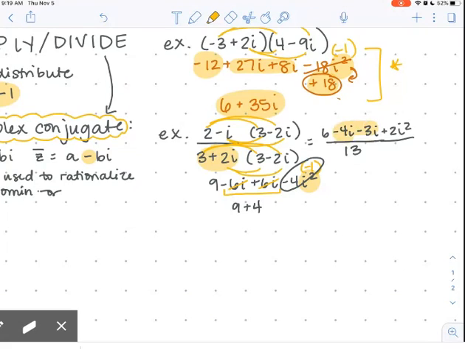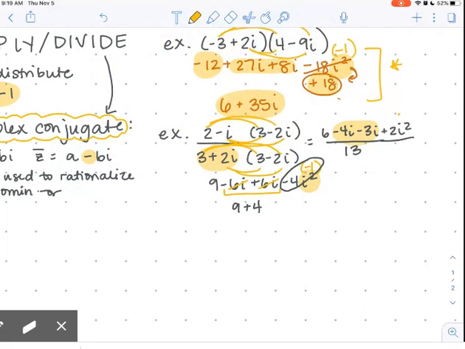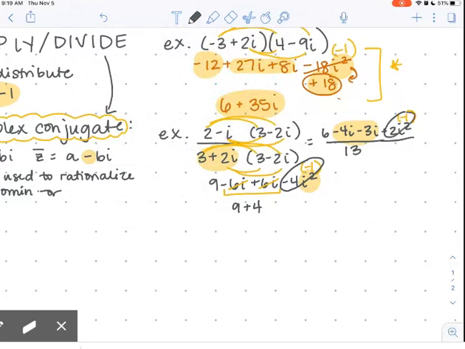These will just be combined. And then once again, I want to remember i squared is really a negative 1. So I have 2 times negative 1 up here, which is a negative 2. So 6 minus 2 will give me a 4. Negative 4i minus 3i is a negative 7i, all over 13.